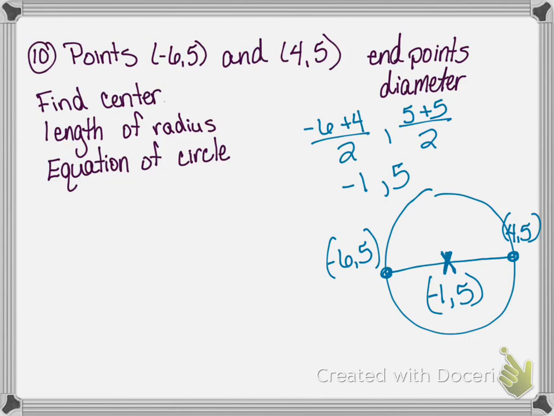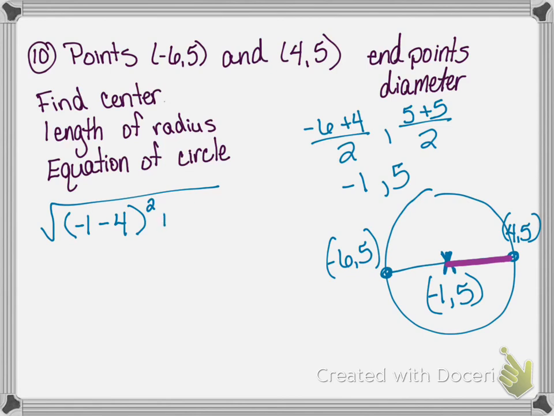Well, your radius is just a length right here. And do we have a formula that helps us determine the length of a line segment? We do. It is the square root, and I'm going to take my x values. So I have negative 1 minus 4, and I'm going to square those.